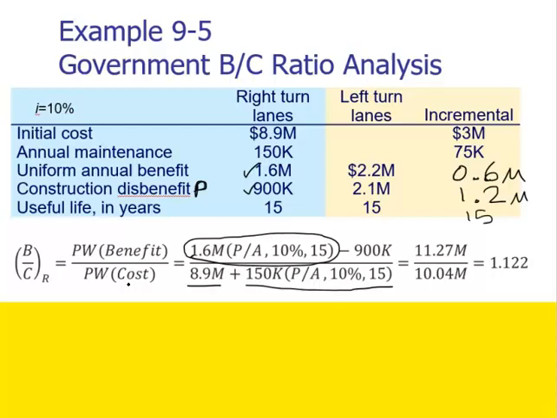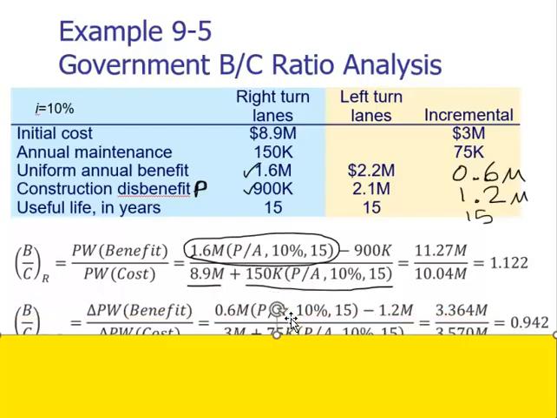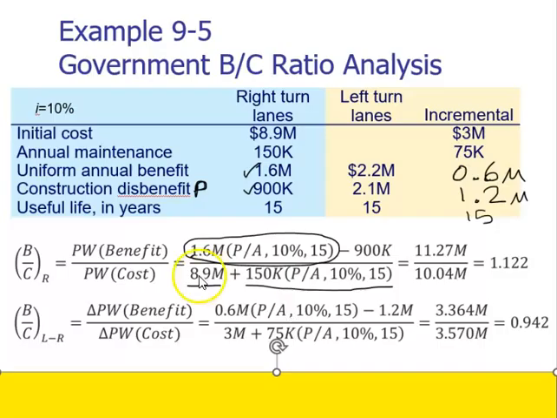Okay, we continue this analysis going to left turn lanes, but we do it in an incremental fashion. So we go and calculate the BC for the incremental values that we have. For the benefits, when we check here, the incremental is 0.6 million for 15 years.